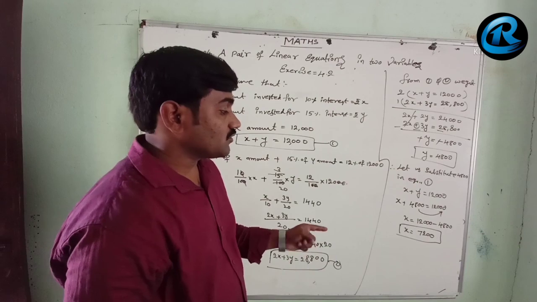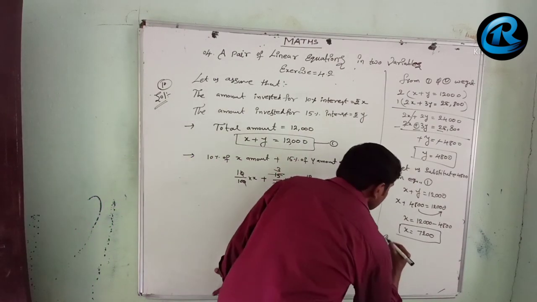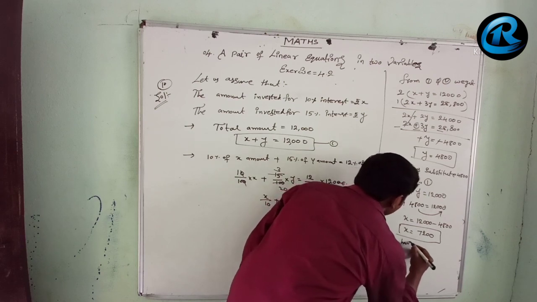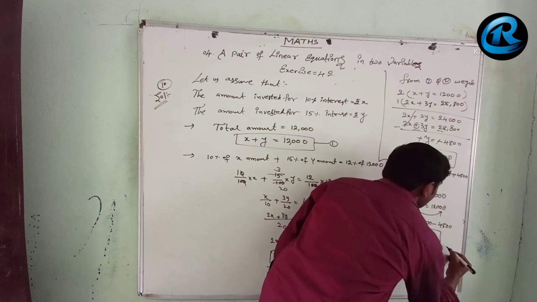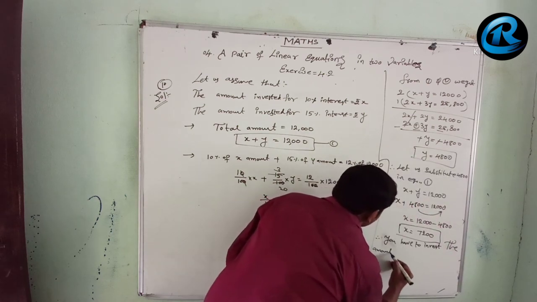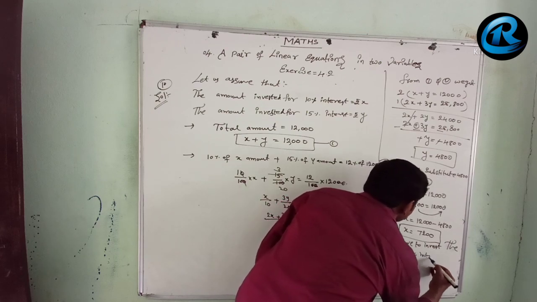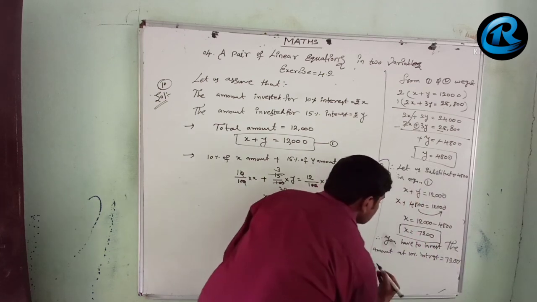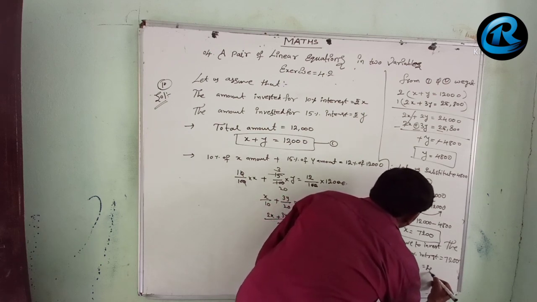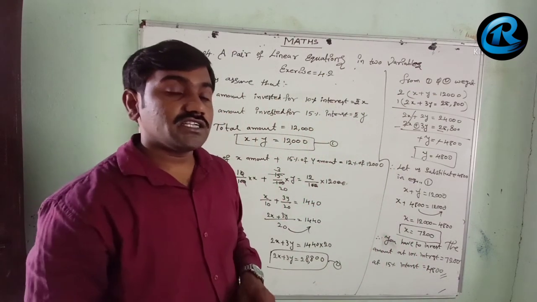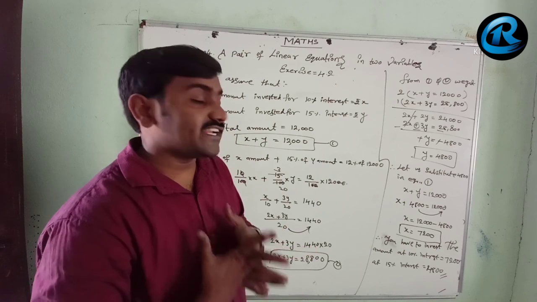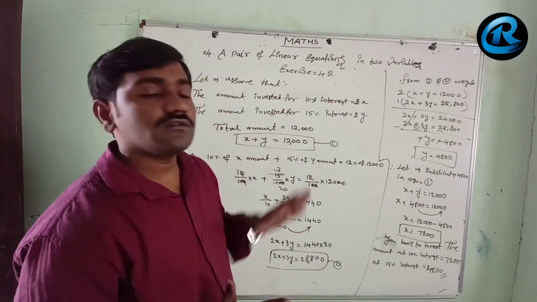Therefore, we have to say that at 10% interest you have to invest 7,200 rupees, and at 15% interest you have to invest 4,800 rupees, so that you will get 12% interest on the overall 12,000 rupees.